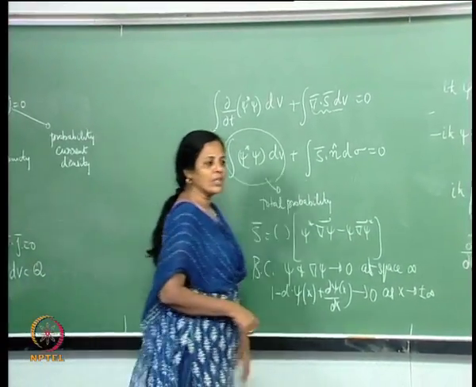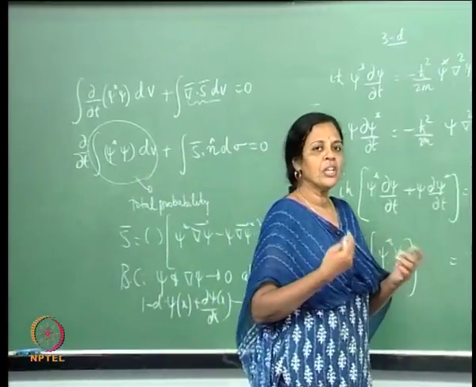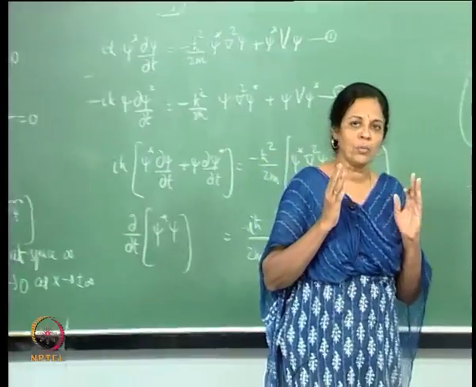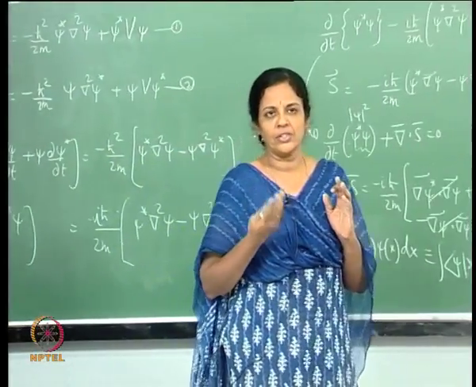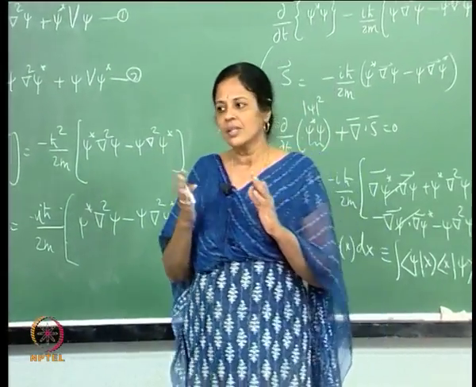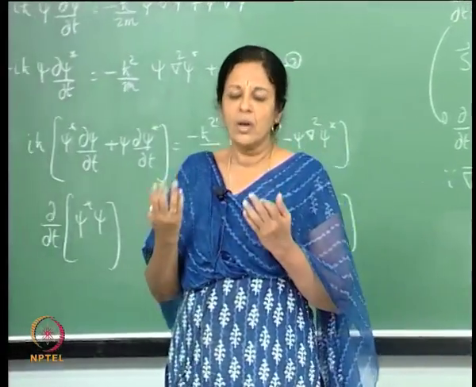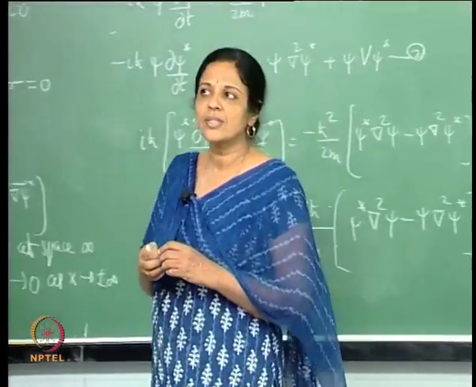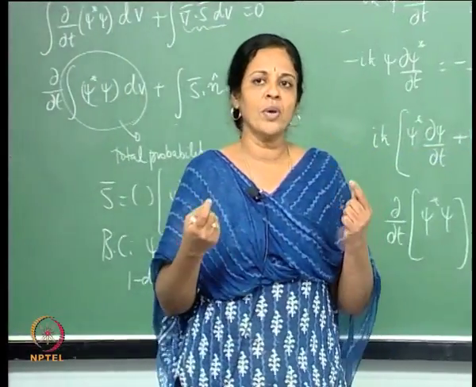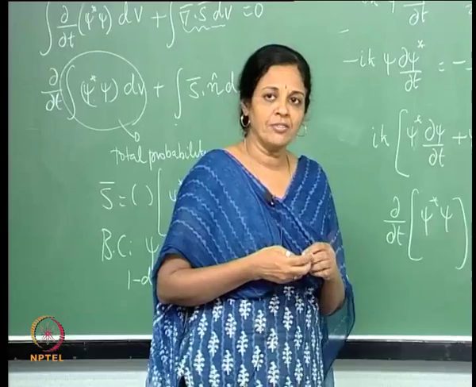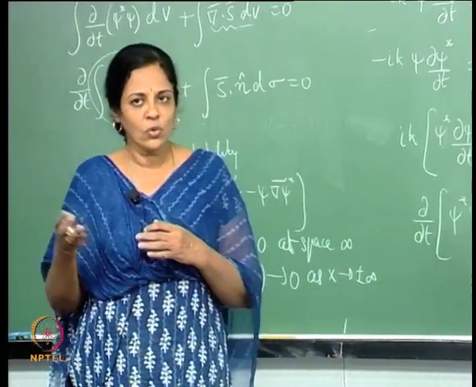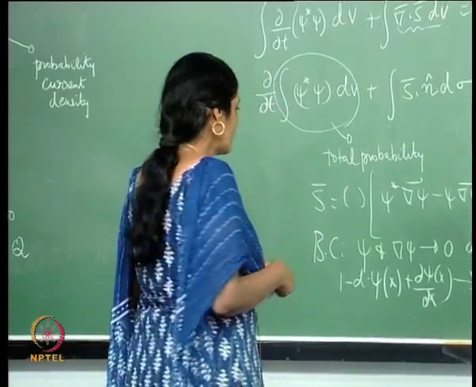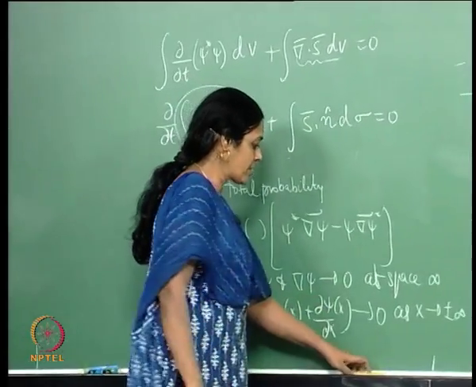So these are the boundary conditions. When we work with the Schrodinger equation, it is really the fact that the total probability should be conserved which gives rise to this boundary condition that the wave function vanishes at space infinity. If you are talking about one dimension, at x is plus minus infinity, the first derivative also goes to 0 sufficiently fast.